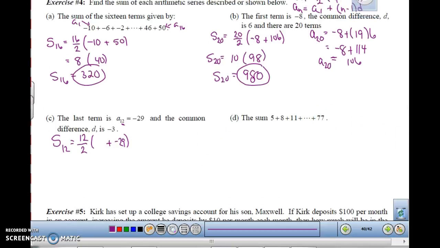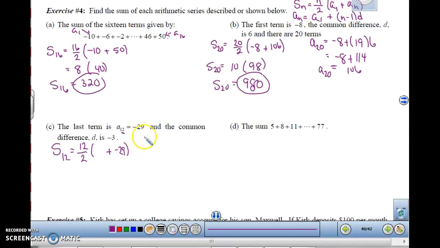So we need our sequence formula, a of n. So we are looking for a of 1, we know a of 12. All right, and that is equal to a of 1 plus (n minus 1) times d. Okay, so a of 12 is -29. a of 1 is what we're looking for.